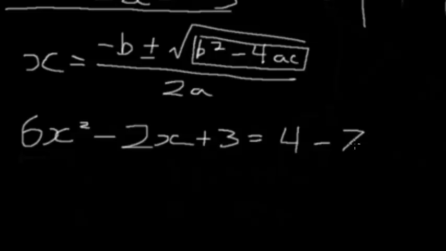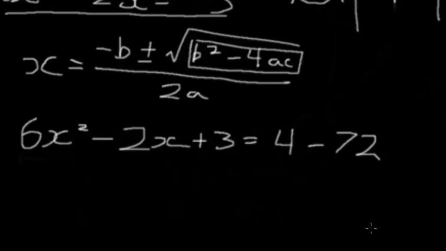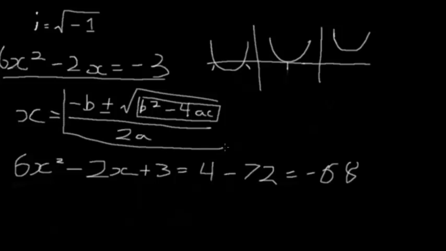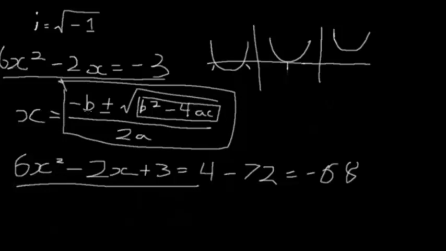It's going to be a negative number: negative 68. Now, if it's negative, that means when we put all of these into the quadratic formula, there's going to be a root with a negative number inside it.